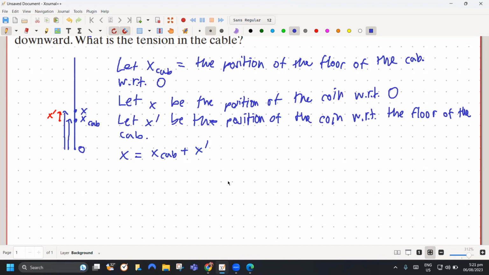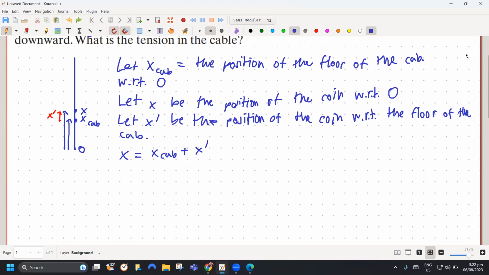Ngayon, take the second derivative of everything on both sides. Ano mong relationship? So, second derivative of X. Pero paano po yun? May X prime po eh.